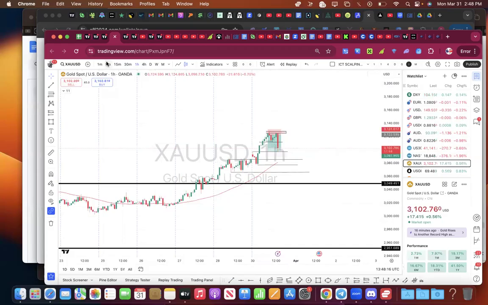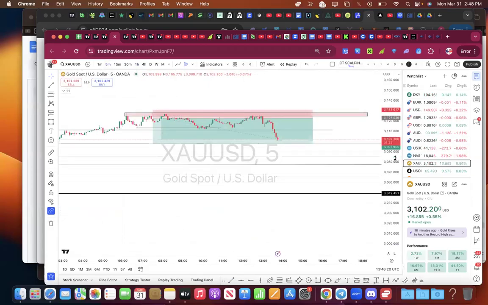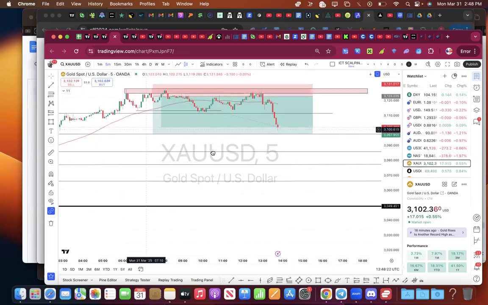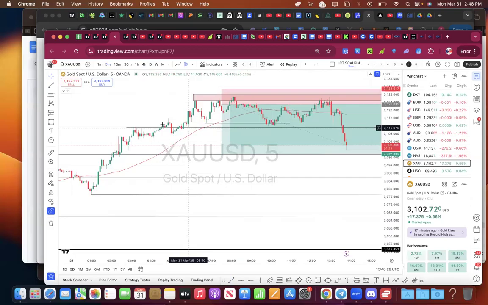We now went back to 5 minutes. Going back to 5 minutes, the market was moving this way, creating a higher high. This is not a swing. This is a swing. This is a high, this is a low, and this is another high, and here is another low. And this is another high, and another low.